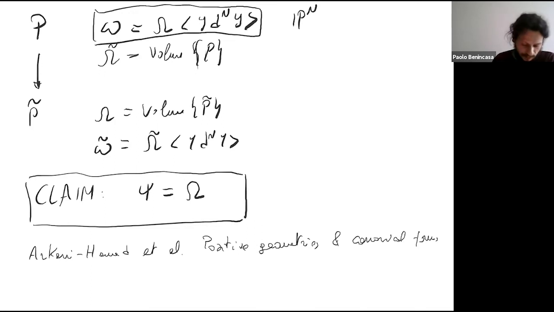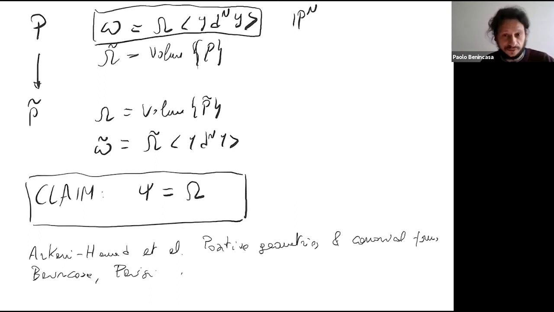And then there is another one by myself and Matteo Parisi, which is from, okay, let's see if I can give you the arXiv number, which is 2005. So the subject is kind of fresh, even if polytopes have been known since a long time. Their study in terms of this differential form is kind of recent.